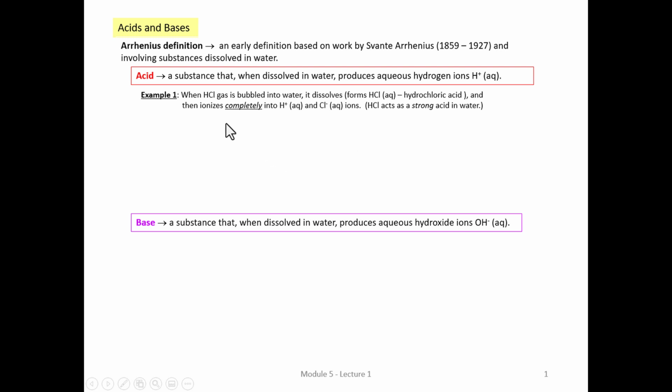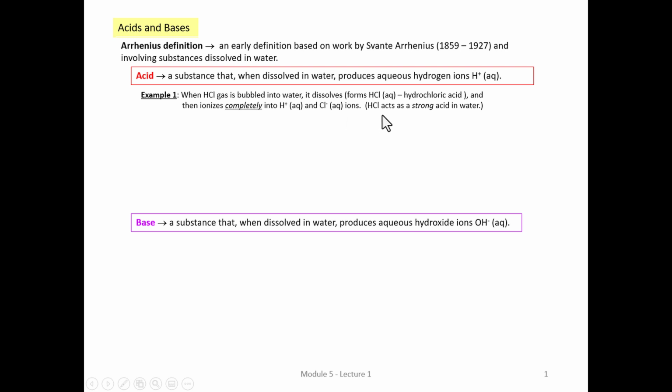Our first example involves bubbling HCl gas into water, and when you do that, the HCl gas dissolves, and you would write it as HCl aqueous, and in the lab, you would call that hydrochloric acid. But what happens there is that HCl in solution ionizes completely into H+ ions, hydrogen ions, and chloride ions.